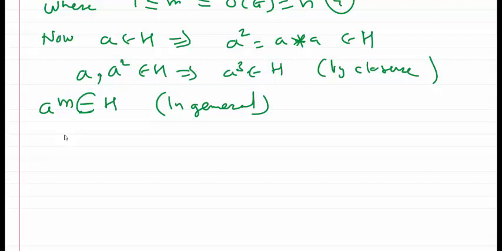How it looks like: M is the order of A such that A raised to M is equal to E.